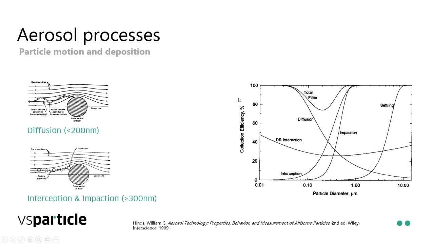So anyway, this graph shows the collection efficiency for a filter consisting of many, many fibers. So 100% is all particles are captured, and what you see from here is that below 200 nanometers, diffusion is the dominant mechanism. You can mostly ignore other mechanisms, and above about 300 nanometers, impaction and settling are the important ones. And because we tend to care mostly for particles below 20 nanometers, diffusion is the dominant effect to worry about.